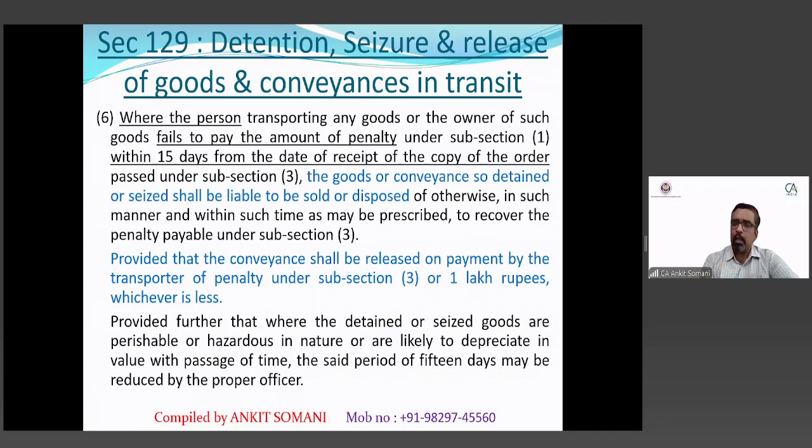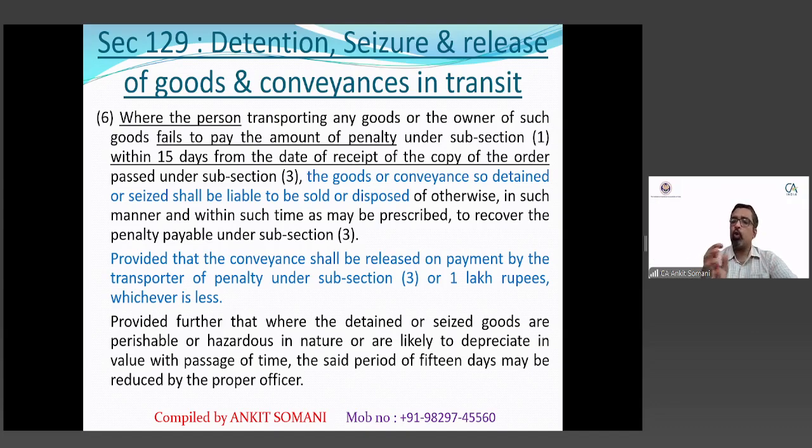Now, there can be a case whereby the transporter is carrying goods of 3-4 persons. In such a case, only one e-way bill or one consignment may not have proper documents, not only the e-way bill, but even other documents such as a proper invoice or proper delivery challan.